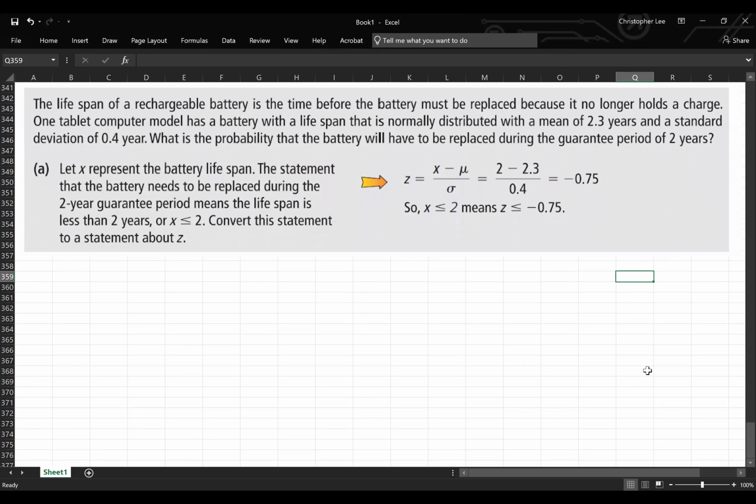Check it out. Let me read it out, and you're gonna see it's the same thing, right? The lifespan of a rechargeable battery is the time before the battery must be replaced because it no longer holds a charge, right? One tablet computer model has a battery with a lifespan that is normally distributed with the mean of 2.3 years, right?